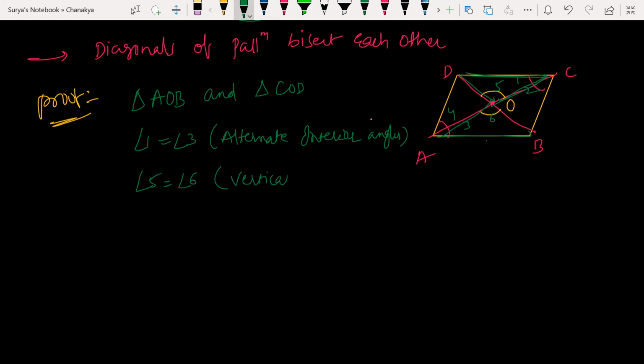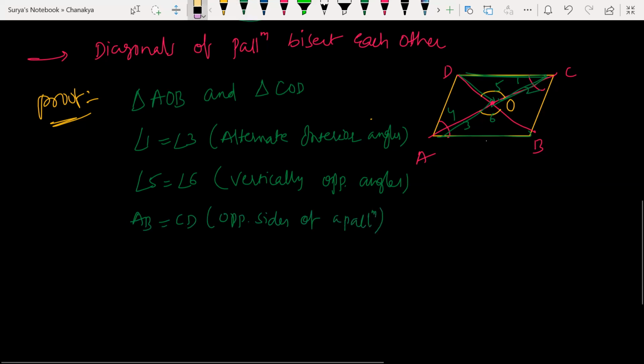Vertically opposite. Yes, sir. Now here AB is equal to CD. Opposite sides. Yes, sir. Opposite sides of a parallelogram are equal.